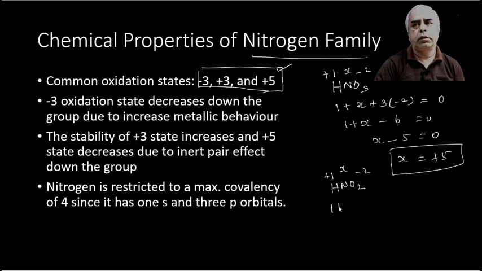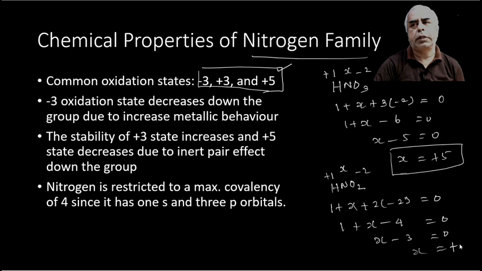So, 1 plus X plus 2 of -2 is equal to 0. Therefore, 1 plus X minus 4 is equal to 0. So X minus 3 is equal to 0. X is equal to +3. So in the case of nitrous acid, the oxidation state of nitrogen is +3.